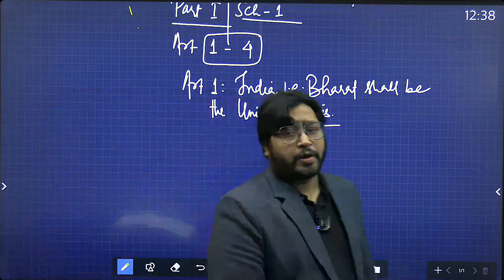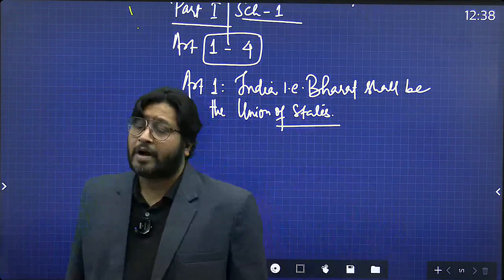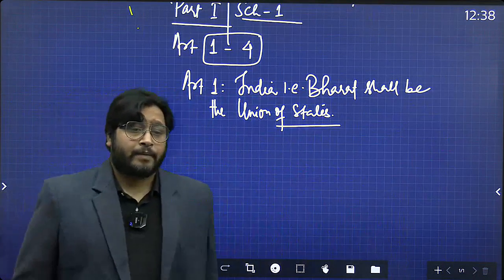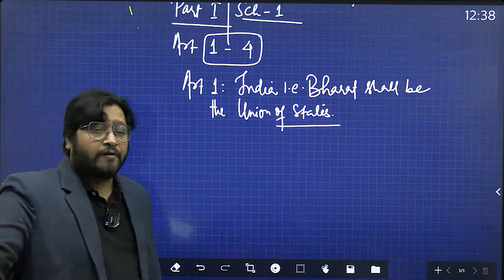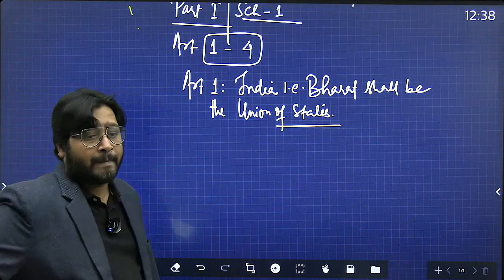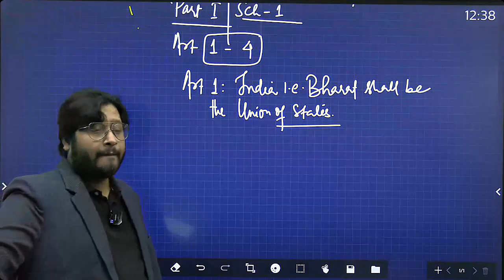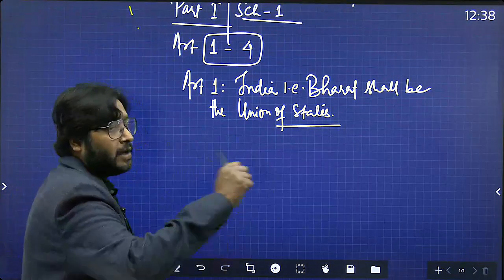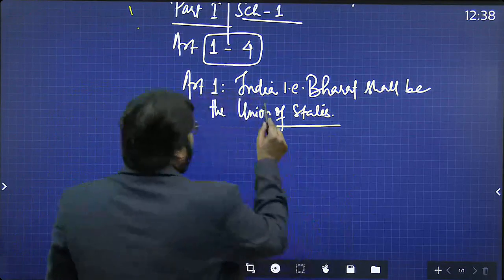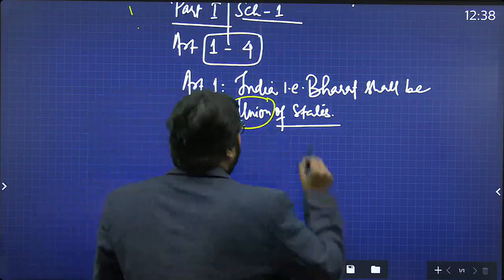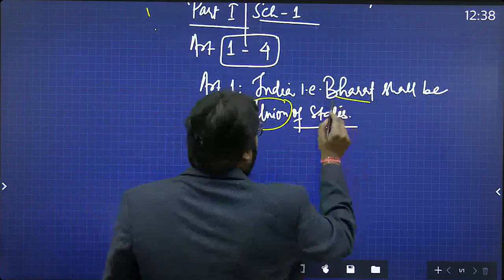Kindly go through the important articles which are given there. You have to remember them. We don't want to remember on your behalf; we want you to remember them, so that you can recall them as and when needed. That is, Bharat shall be a union of states. Keyword: union. India, that is Bharat.